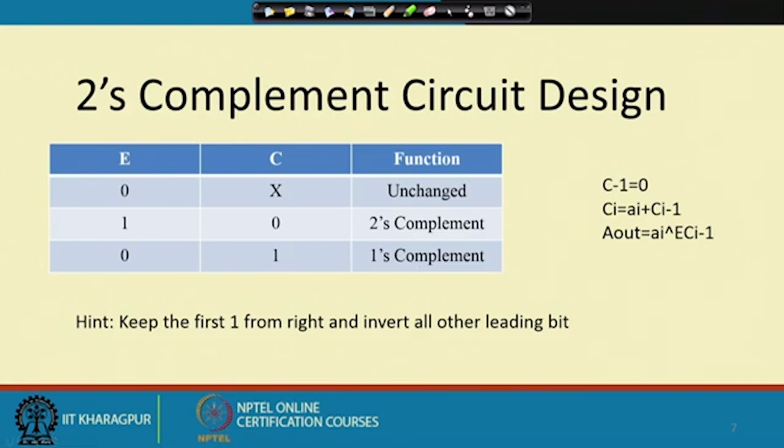As I discussed, I have to do the one's complement, and then if we add 1, it becomes the two's complement circuit. In the one's complement circuit we use XOR gates.